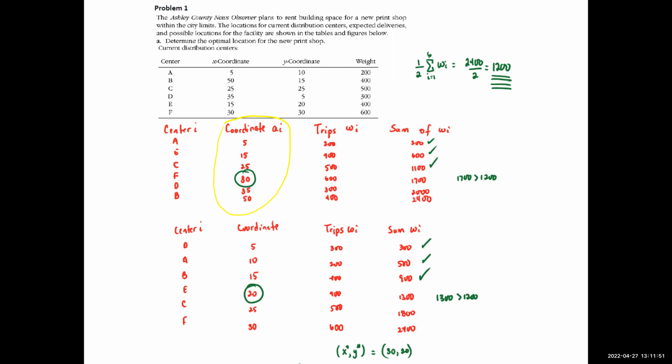If there's a question in the exam asking you to locate a new facility, you have to follow this method. Make sure that if you don't get the right answer, you get partial credit. Make sure that you show me this process, and we should be able to give you full credit. Questions?